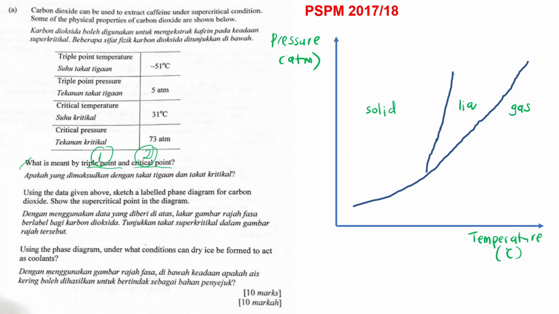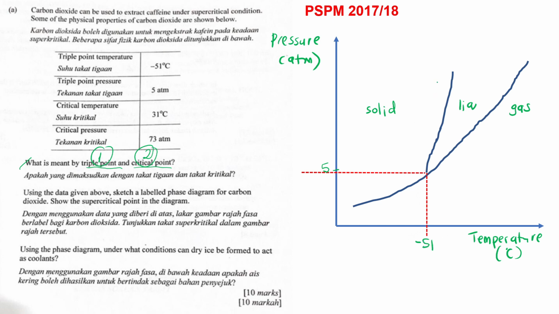Then label the phases: solid, liquid and vapor or gas. As I mentioned, the solid-liquid line has a positive slope, meaning it leans to the right, for carbon dioxide and all other substances except water. Then label the data given. We have the triple point: pressure is 5 atm and temperature is negative 51.